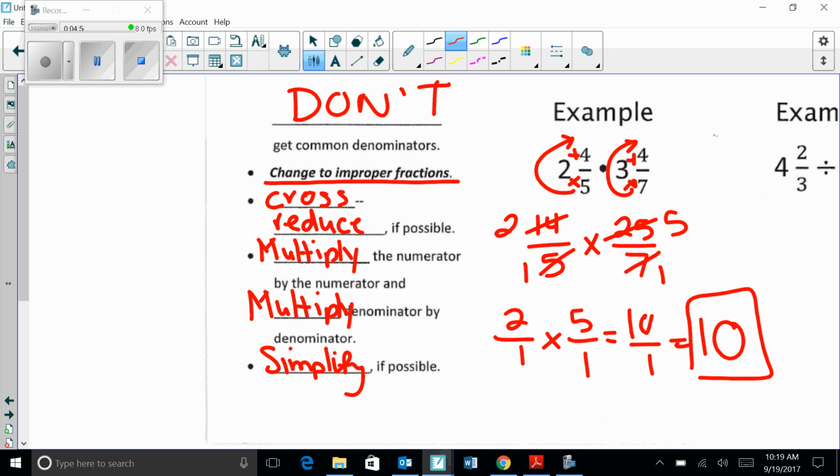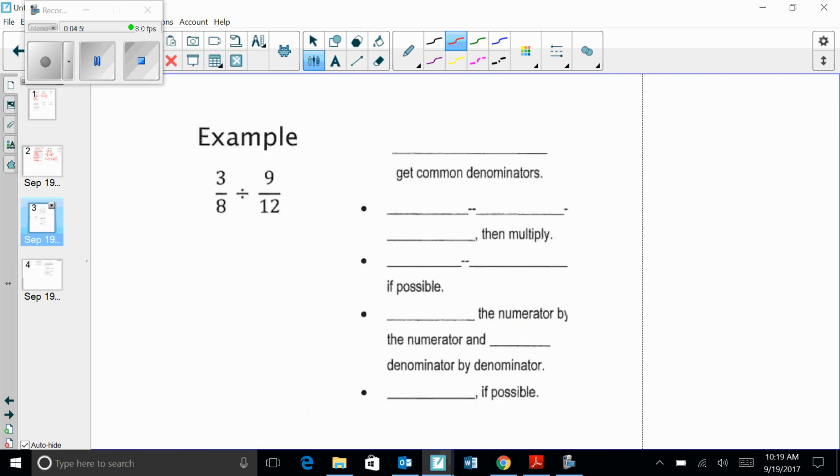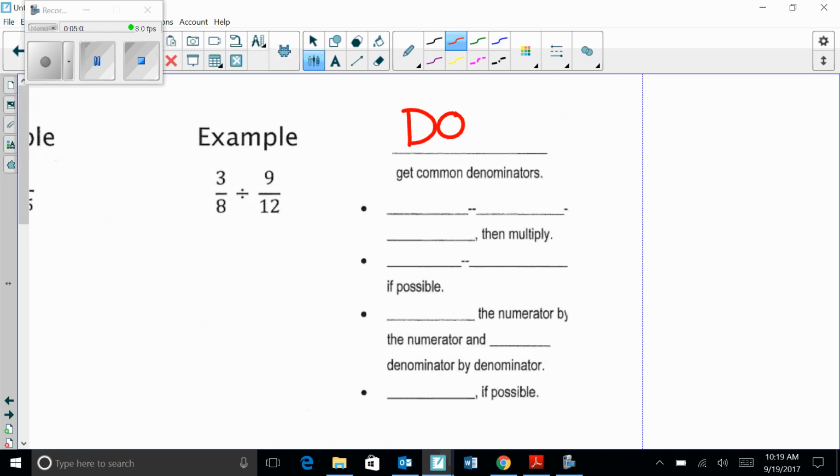Okay, so now we're going to go top right, and we're going to hit dividing. So you should see a pattern now. You don't need a common denominator. Now, because we are dividing, you should know by now that you want to turn your division problems into multiplication problems when dealing with fractions.